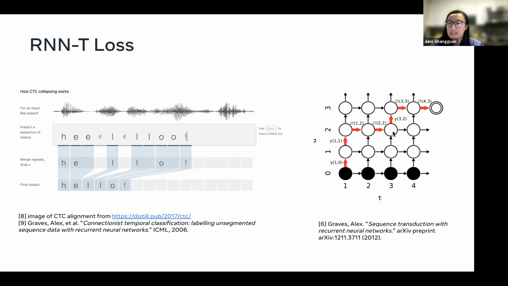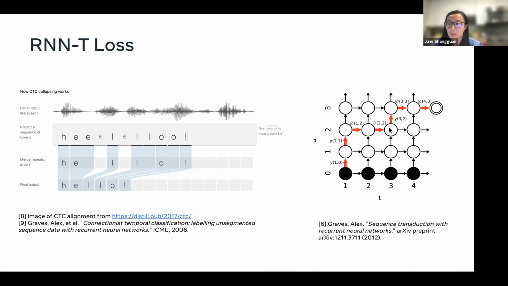So if we take this 3-2 position as an example, if this token from the left is traversing horizontally, it means that it didn't emit any token, it emitted blank epsilon. And if this 3-2 position is traversing vertically to the next one, it emitted one singular token. So you can actually map out for each of the nodes here.